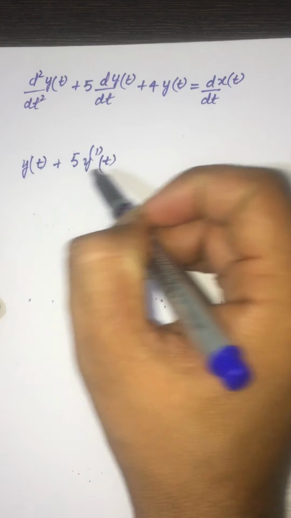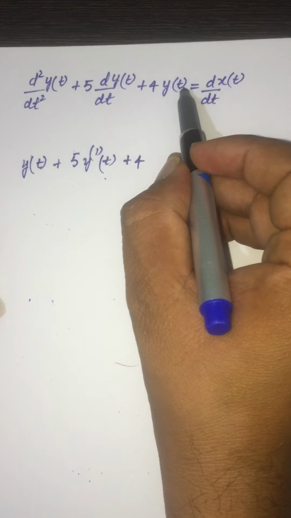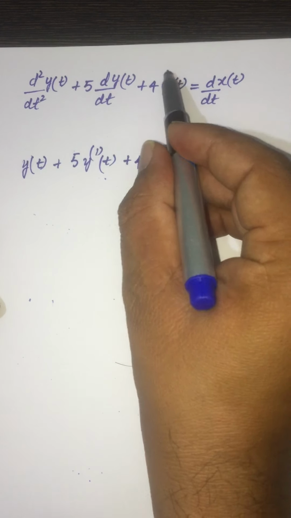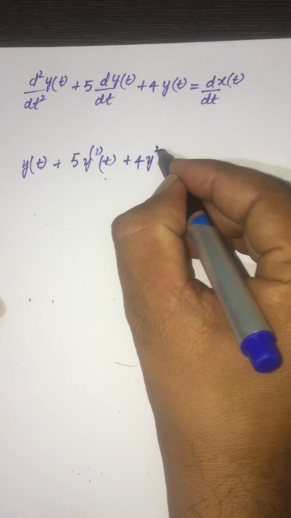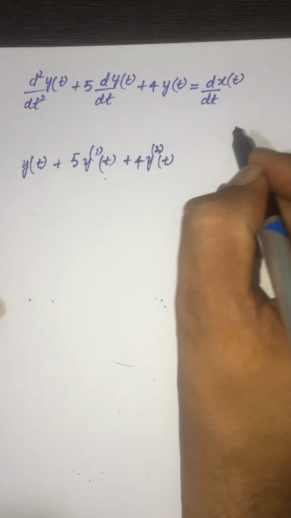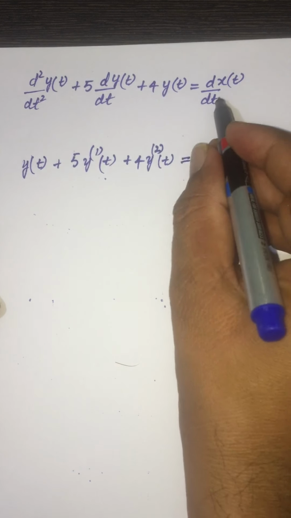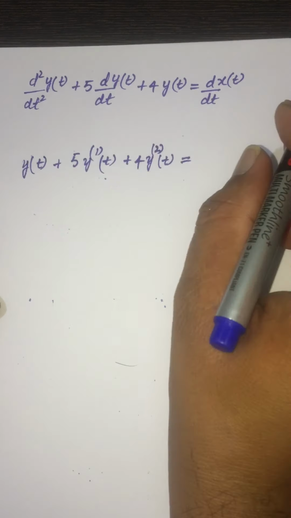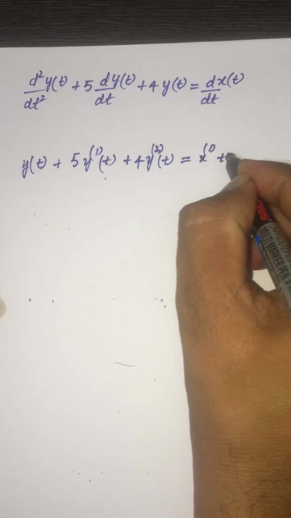Here it is simple y of t, here it is y1 of t, plus 4 into, here we have only y of t, there is no differential element. Therefore, if it is integrated twice, it becomes y2 of t. It is equal to one differential element; we are integrating this entire equation twice, therefore it will be x1 of t.